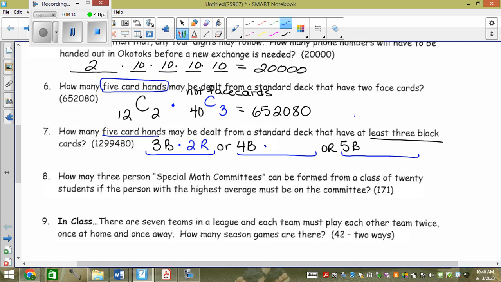But we could just say not black as well, right? And then that last one doesn't need any supplement because it has 5 cards. So then we do half the deck is black, so 26C3, half the deck is red, 26C2, plus 26C4, times 26C1, plus 26C5.